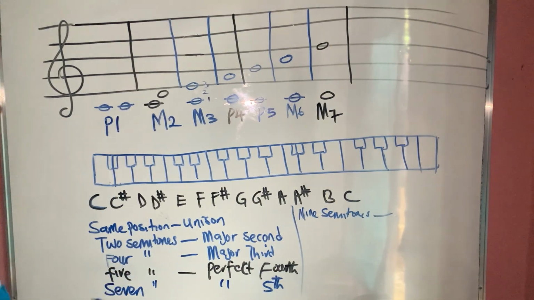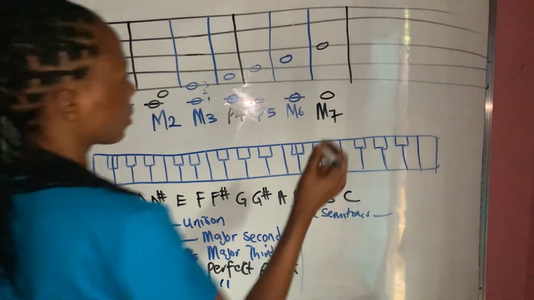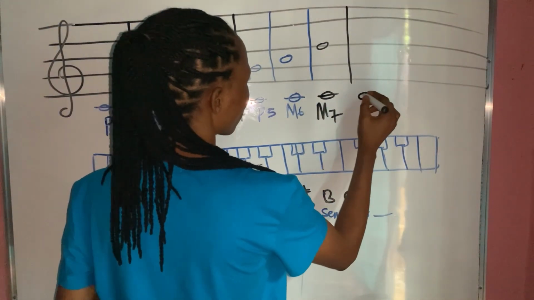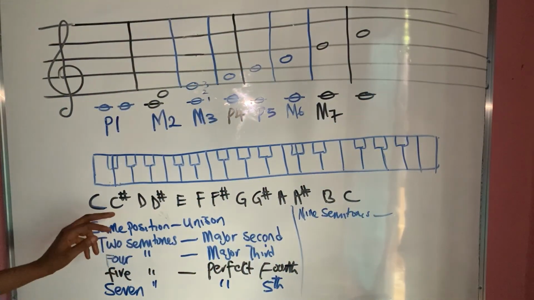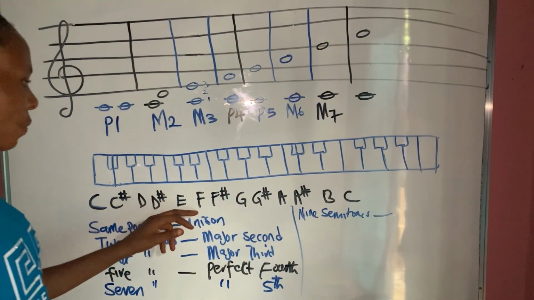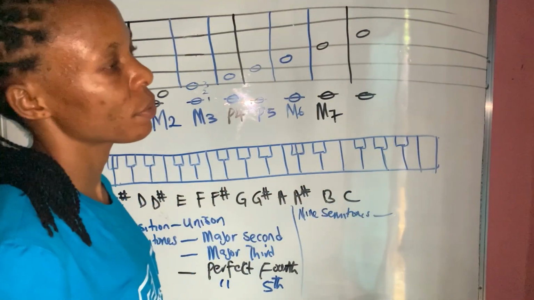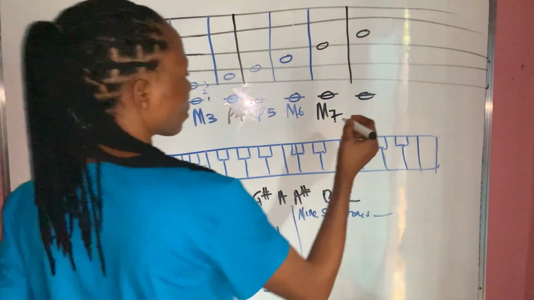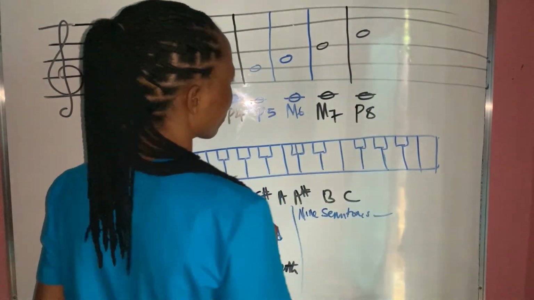Then let's see what C to C will be. Are we ready? So C to C is 8. 1, 2, 3, 4, 5, 6, 7, 8, 9, 10, 11, 12. 12 semitones will give you a perfect octave.